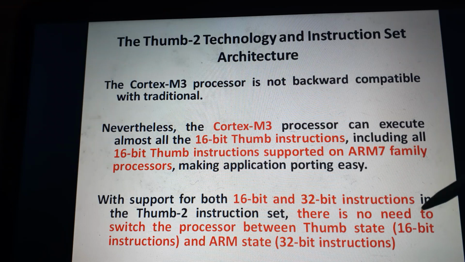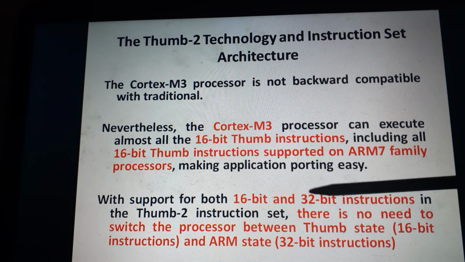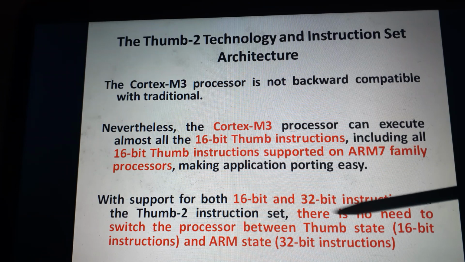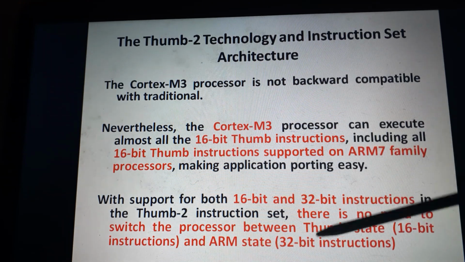So there is no need to switch the processor from Thumb state to ARM state, because all the powerful, complicated jobs we can handle using these 32-bit instructions. We are handling everything right now in Thumb state only.